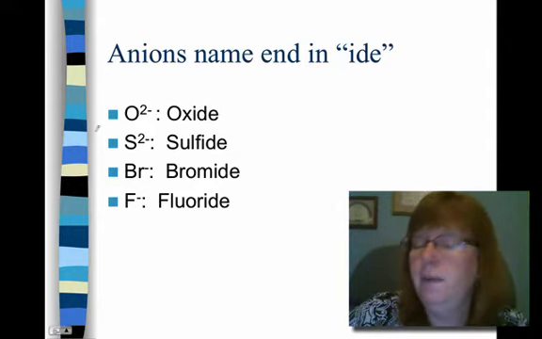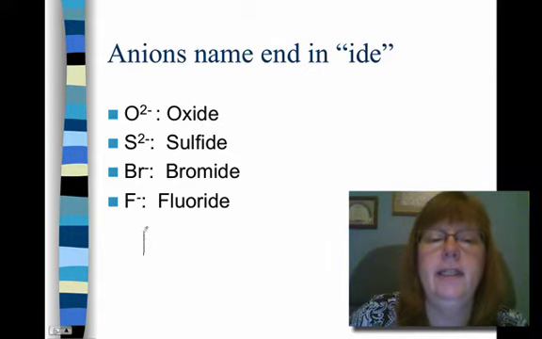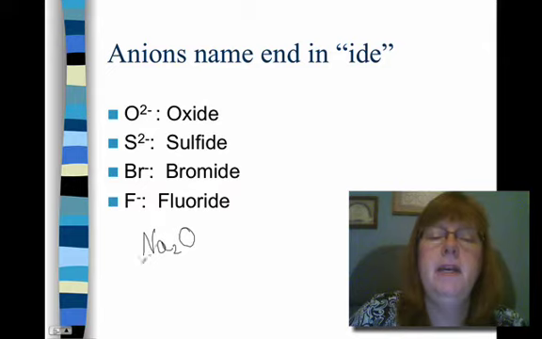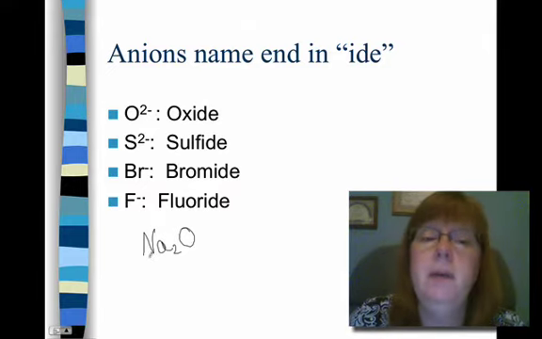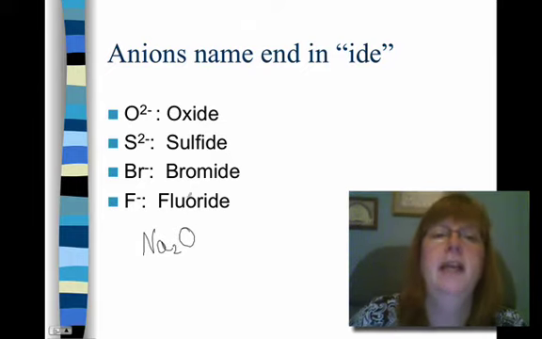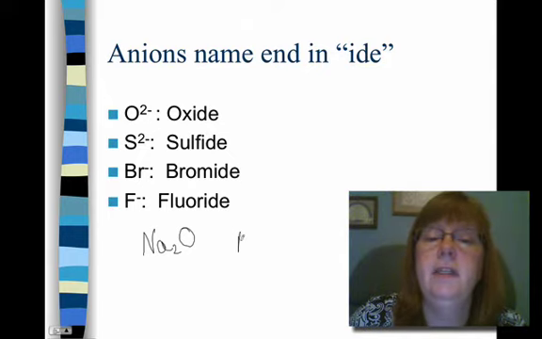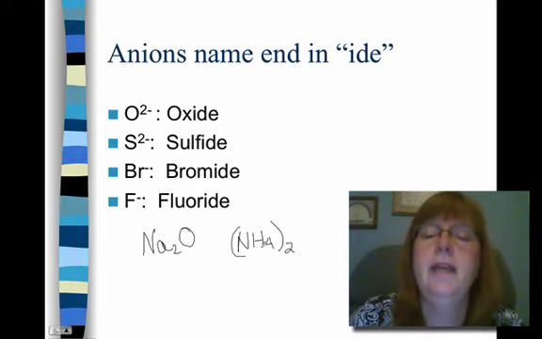Okay, so if we had something like this, we would name our cation first, so sodium oxide. Okay. Sulfide. Again, let's say we had this compound. We say ammonium.